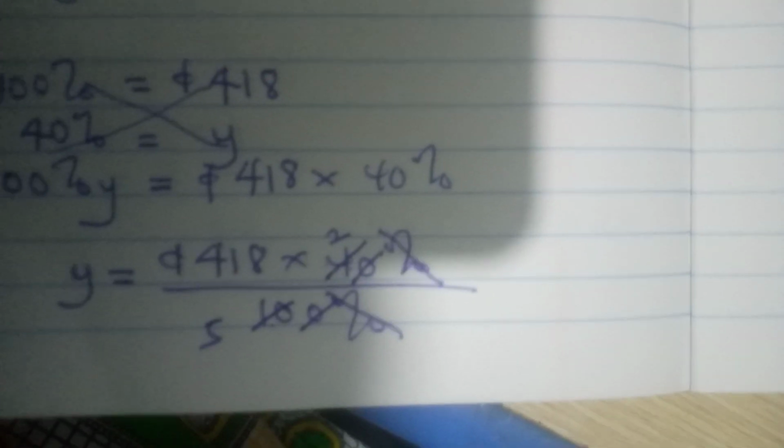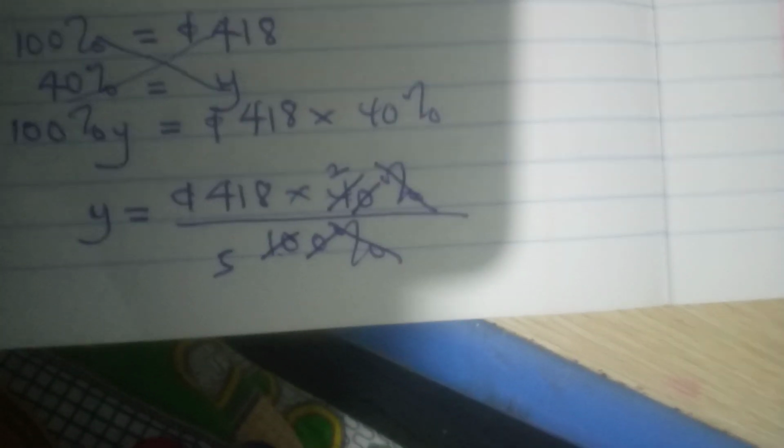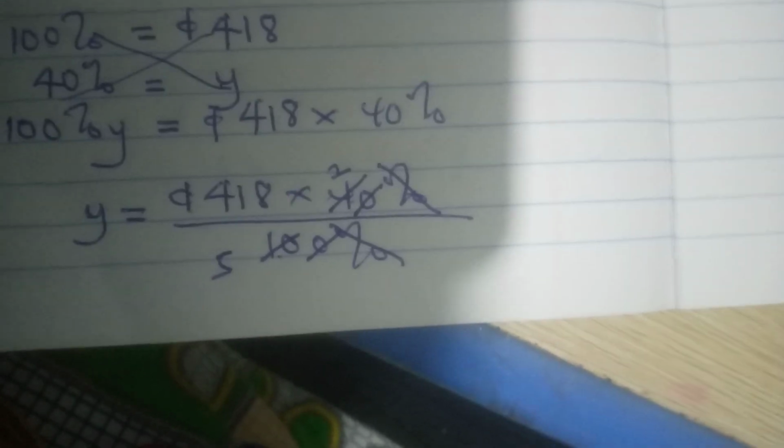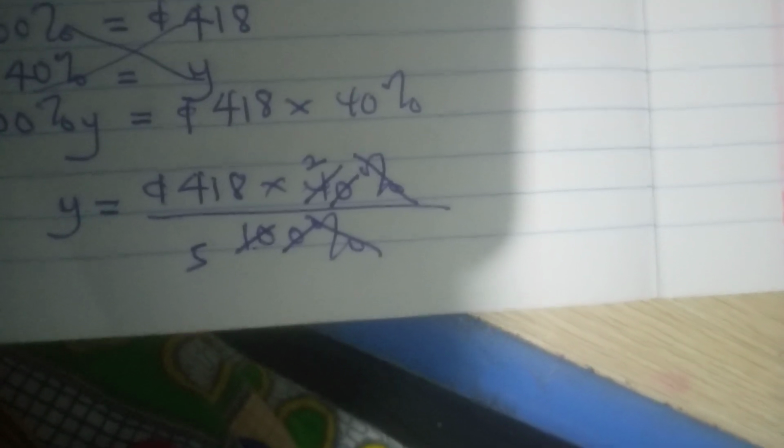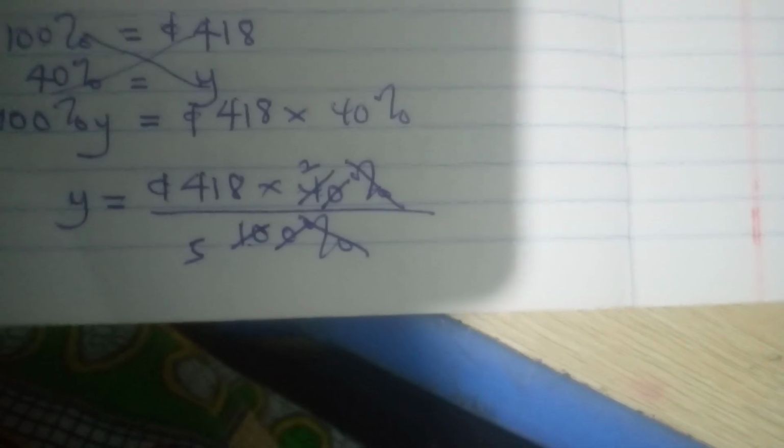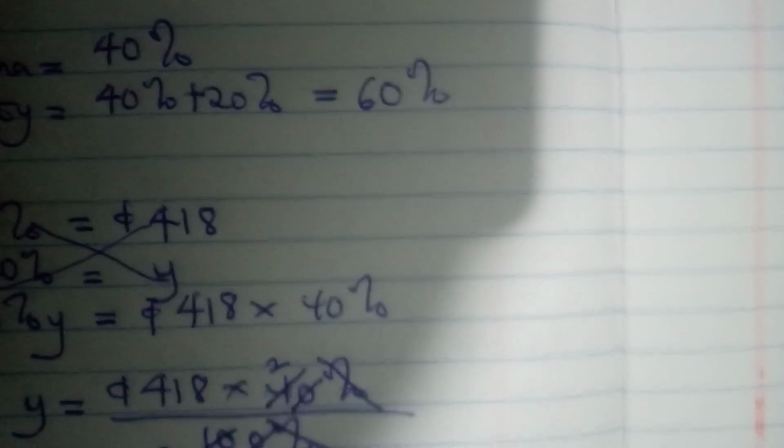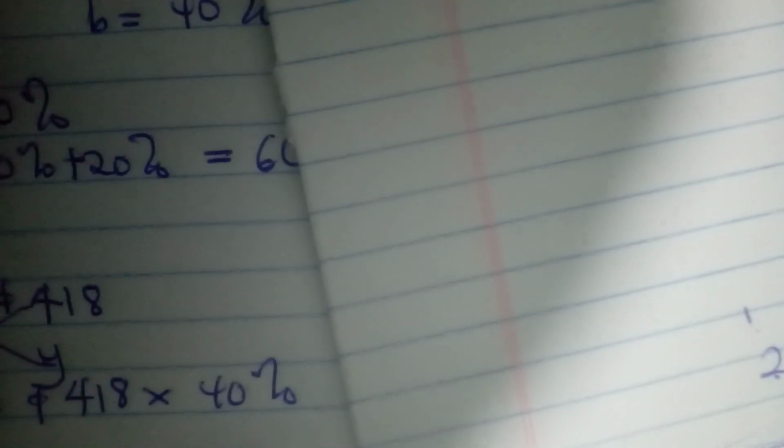Now we are having y is equal to 418 cedis times 2 all over 5. So we can say multiply these two. So we are going to say 418 times 2. 2 times 8 is 16, so 6 remainder 1. 2 times 1 is 2, plus 1 is 3. 4 times 2 is 8.